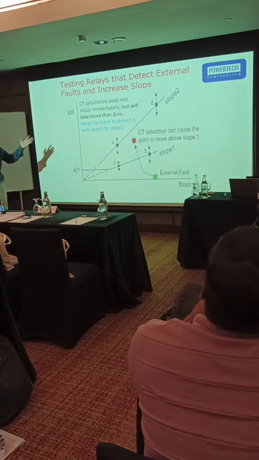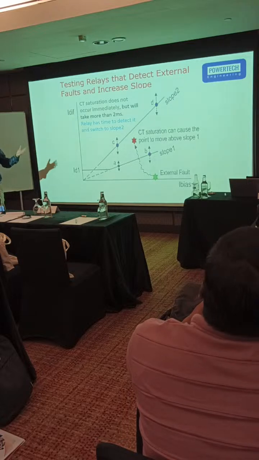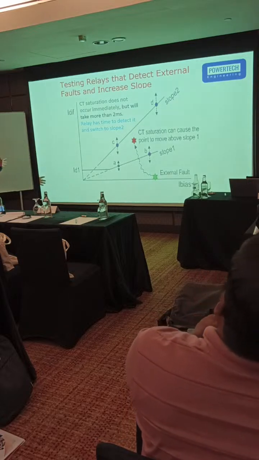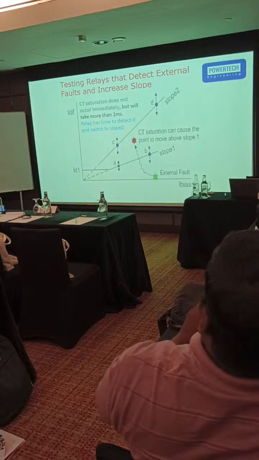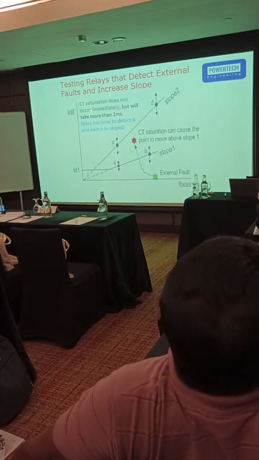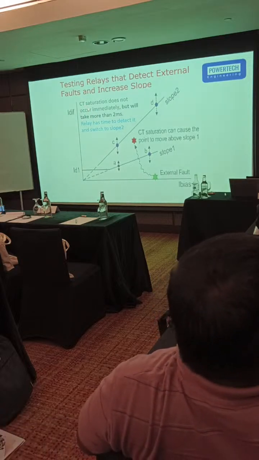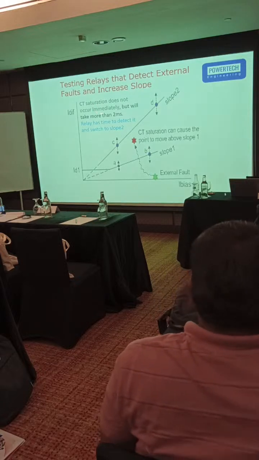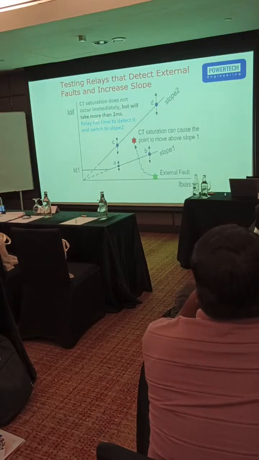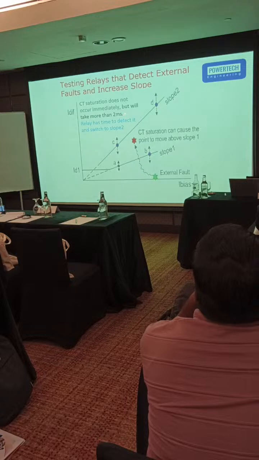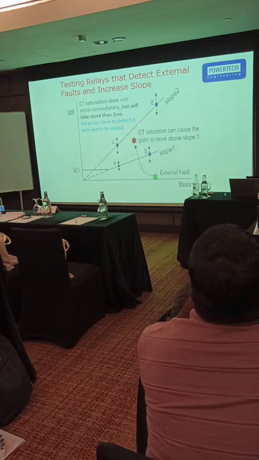This characteristic is based on the situation. What they consider in this is that CT saturation does not occur immediately, but will take more than 2 milliseconds. So the relay has time to detect it and switch to slope 2.